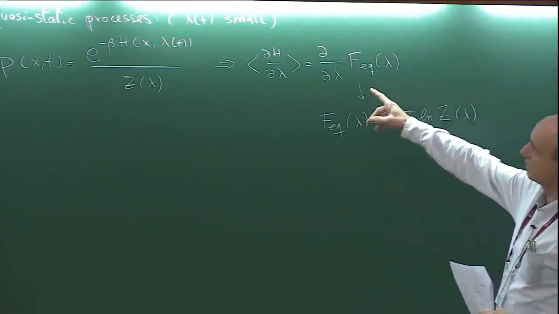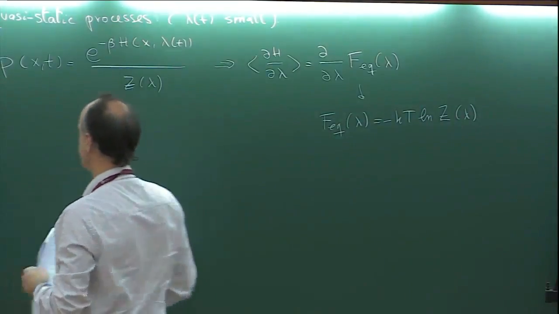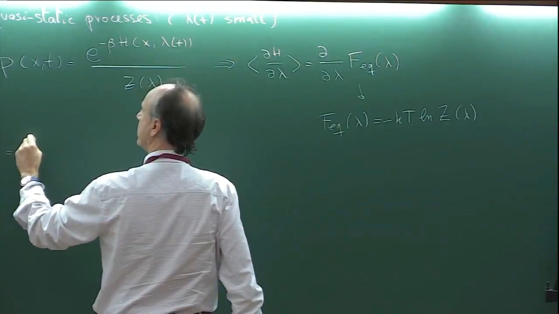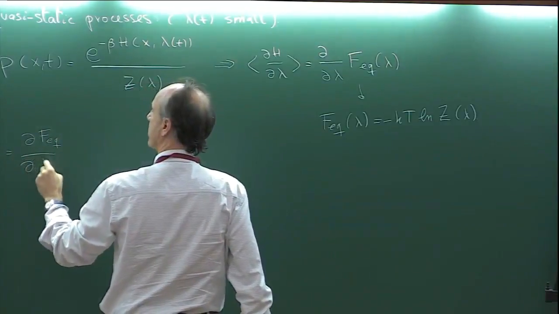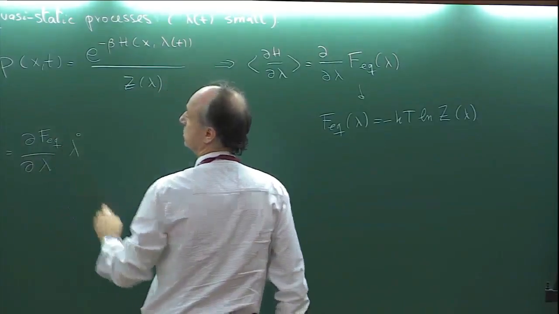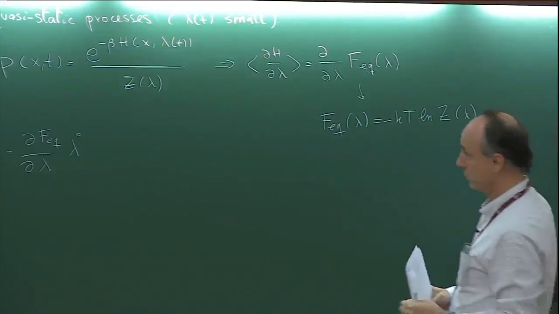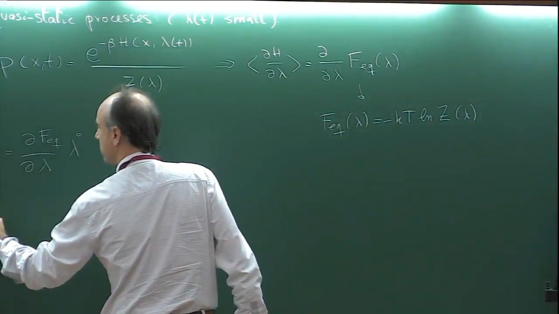And then when you have this, the work becomes an exact differential. So the work is just the derivative of the free energy with respect to lambda times lambda dot. So this is an exact differential that you can integrate along the process.